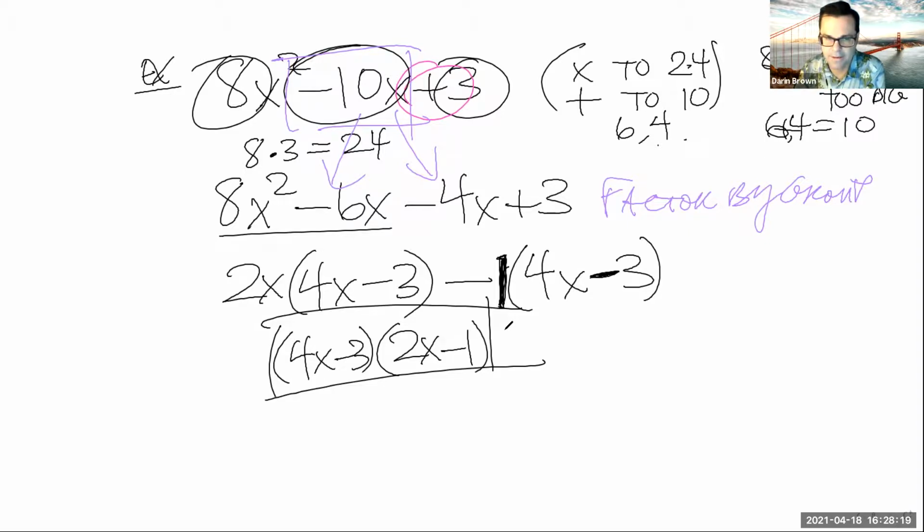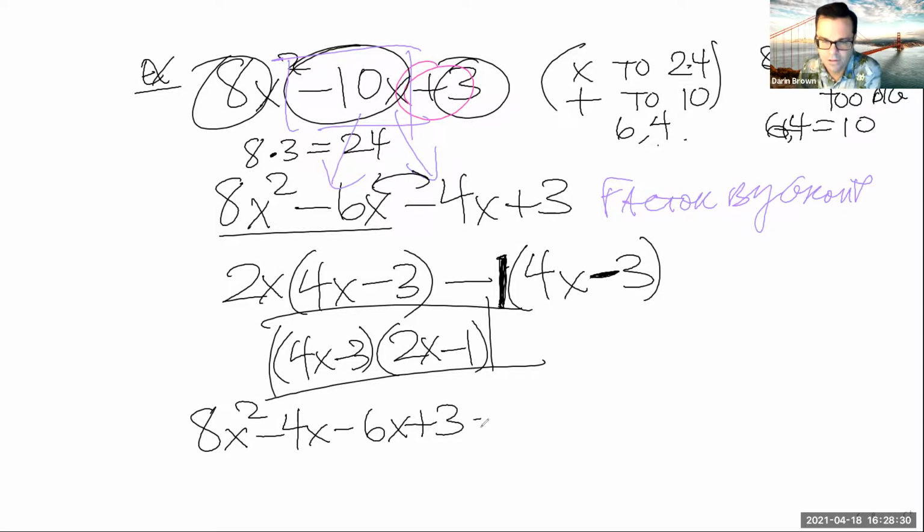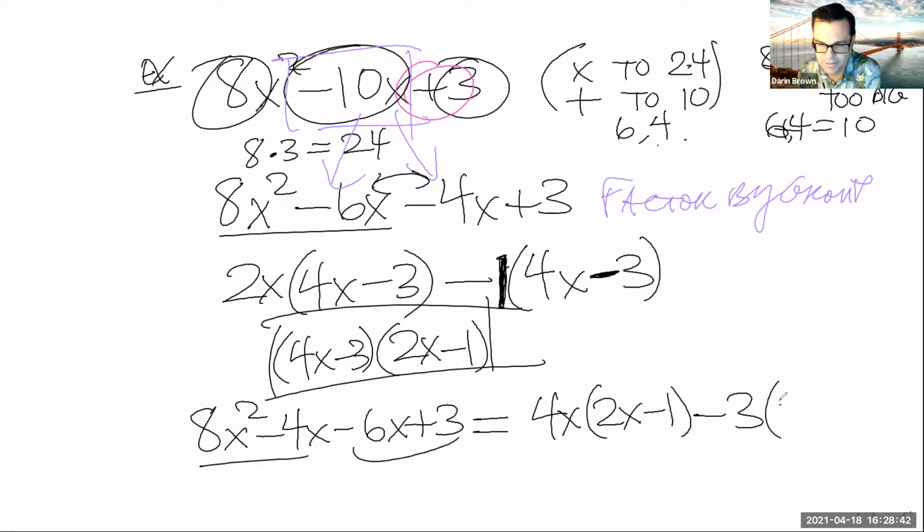So this works. Now you might think, okay, that's great, but what if I had switched these two? What if I did 8x squared minus 4x minus 6x plus 3? Is that going to not work? Well, actually, it still works, because in this case, I can factor out 4x and I get 2x minus 1. And then I could factor out a negative 3 from that and get 2x minus 1.